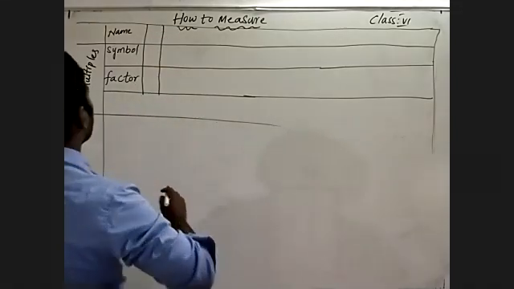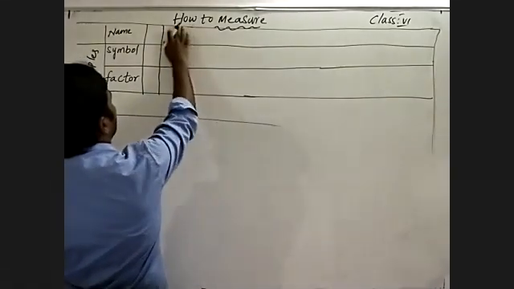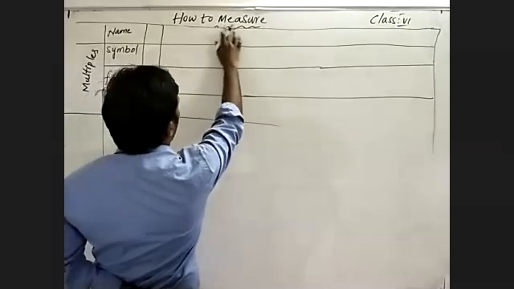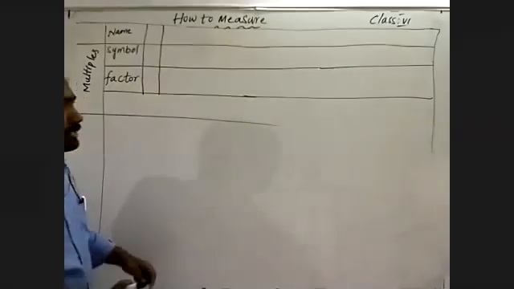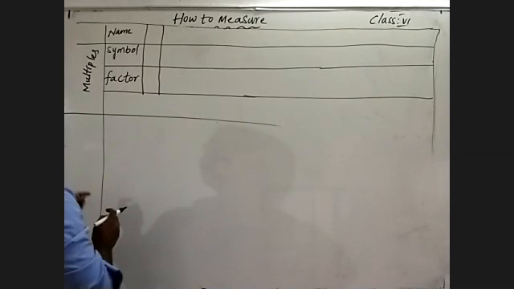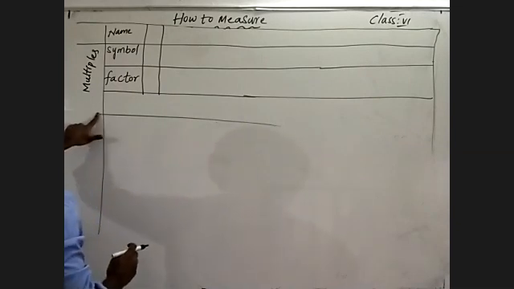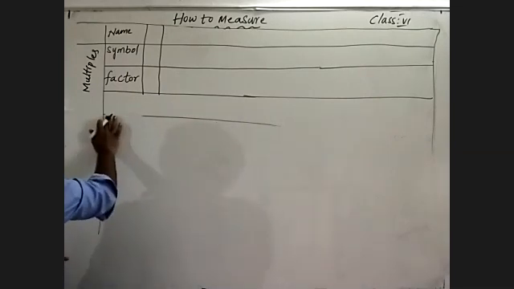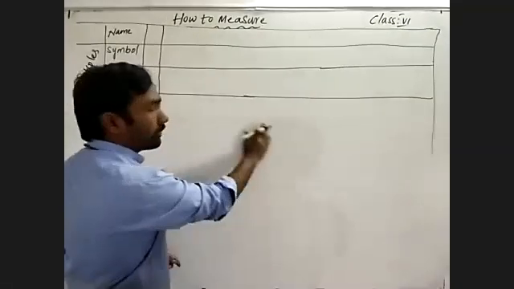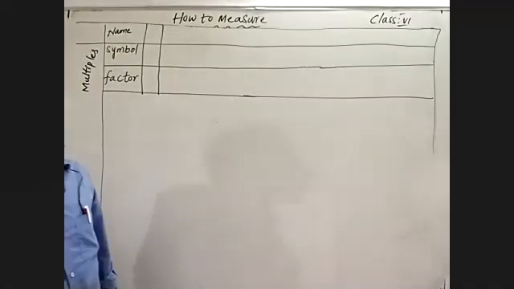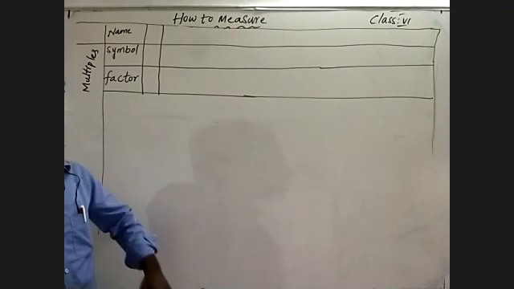Then what are the names to measure whatever physical quantities by using units? Generally, for each and every physical quantity, we measure by using multiples and submultiples.